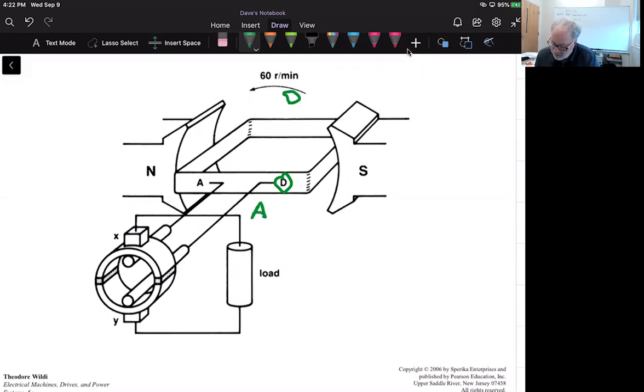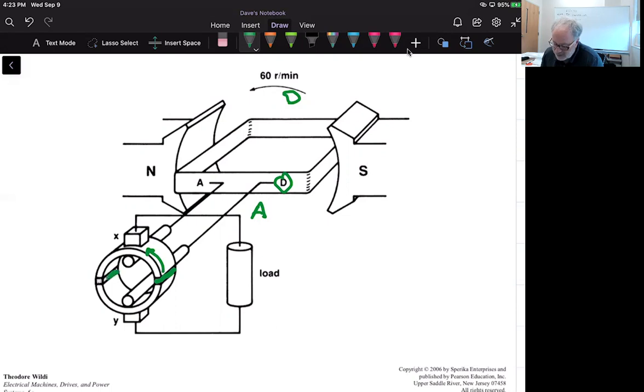And what would that look like physically on this commutator is that this segment here would be underneath brush X, right? As it rotates through, that commutator segment right there would be under brush X. And since it doesn't conduct, there's no voltage there.